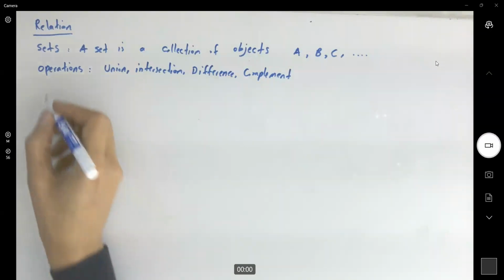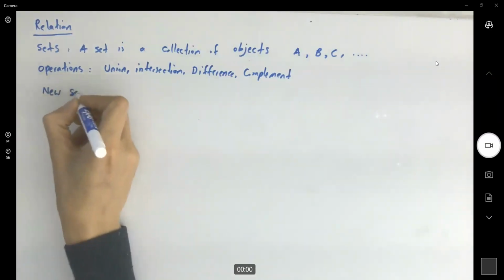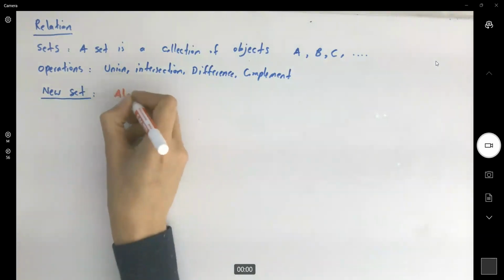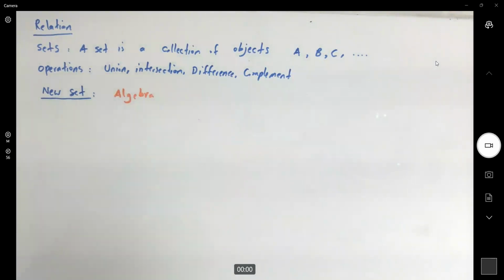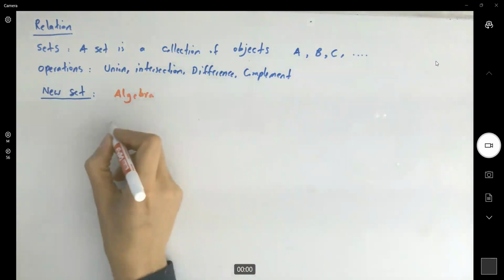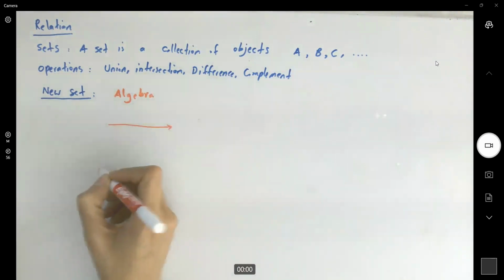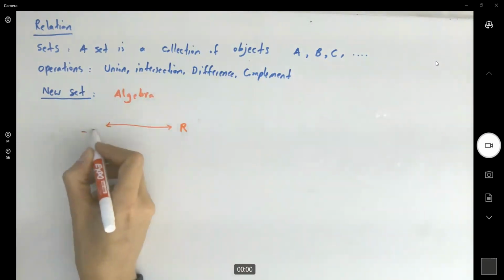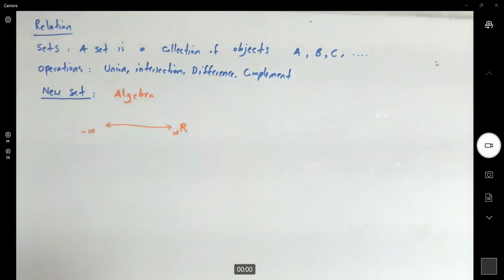For example, in algebra, you had a line representing the x-axis, or R, the real line from negative infinity to positive infinity.